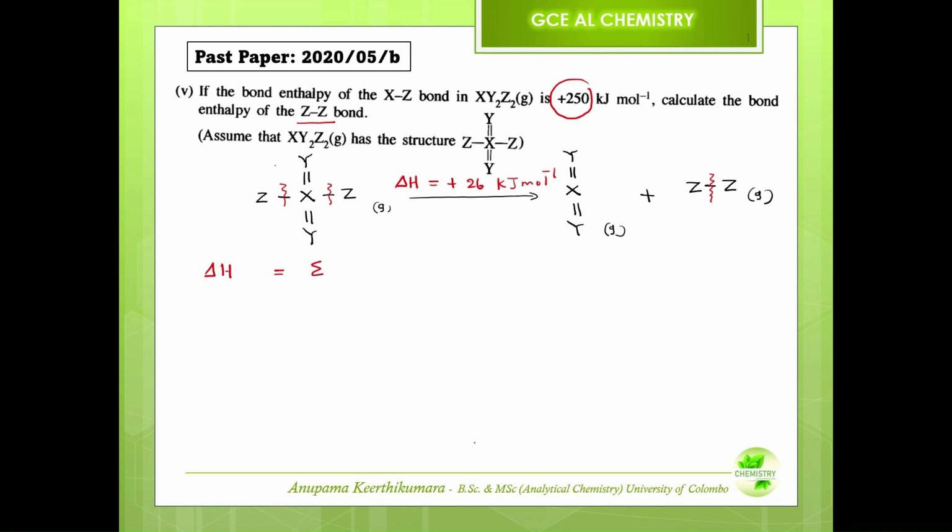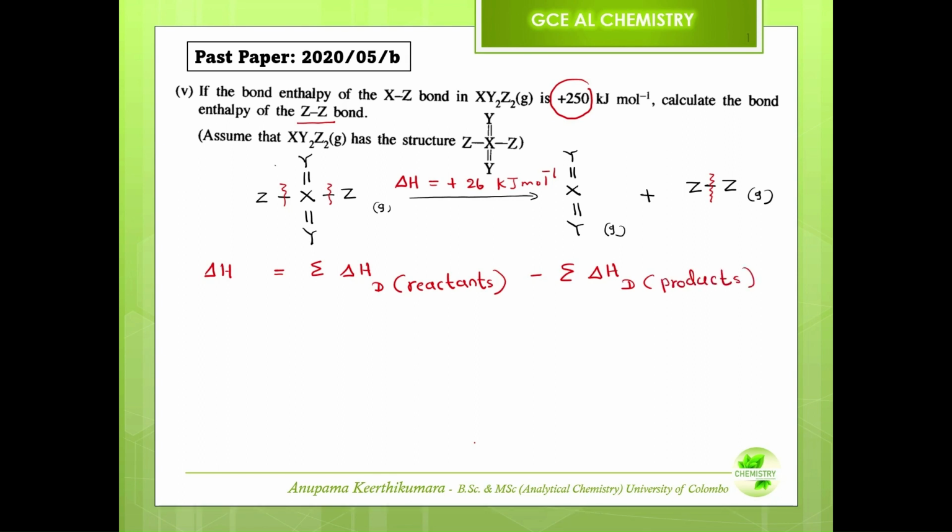Sigma bond dissociation enthalpy of reactants minus sigma bond dissociation enthalpy of products.